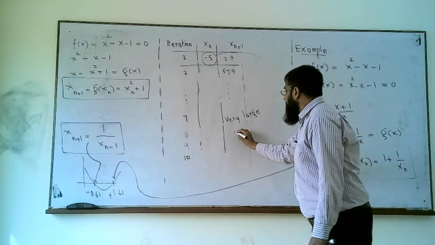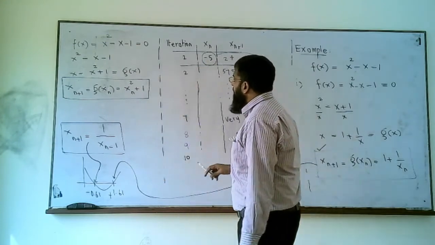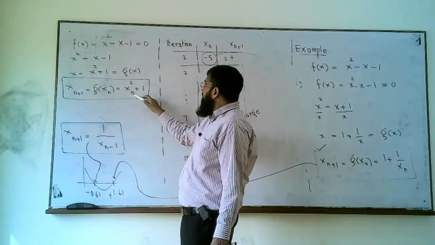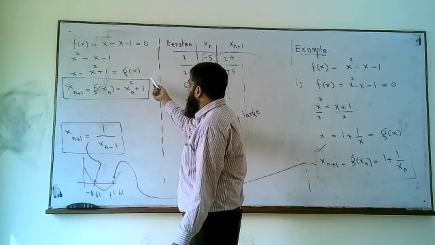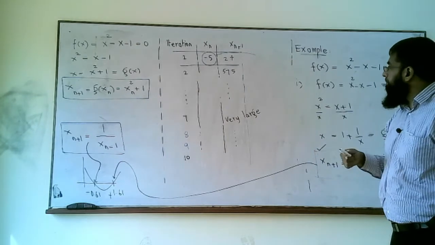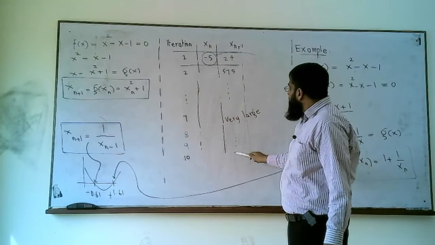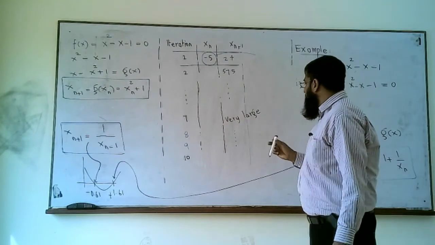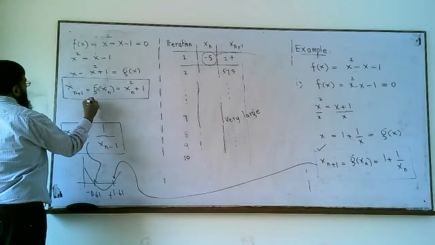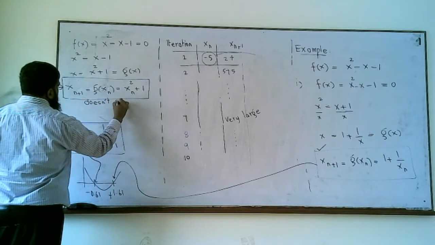The values become very large because we have x_n squared. As x_n increases, this value increases, because the square of a large number is a really large number. So x_n squared plus 1 is a large number. If you go on, the numbers become very large, and this x_{n+1} never converges.